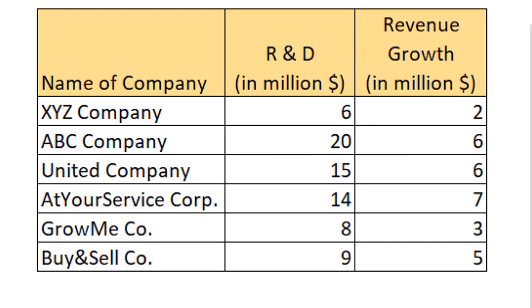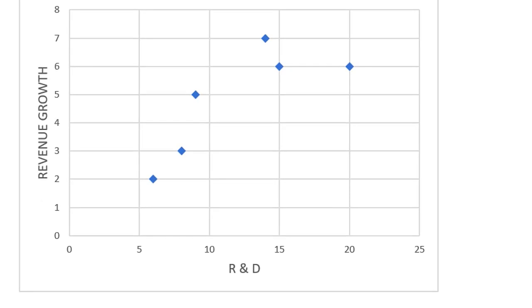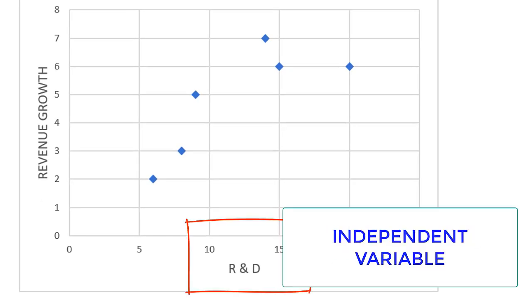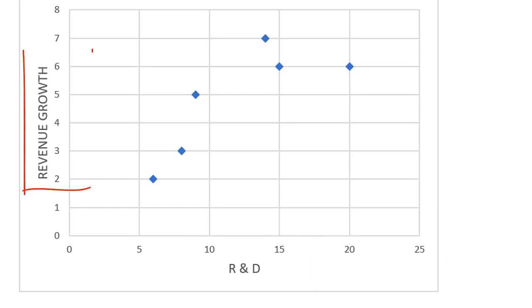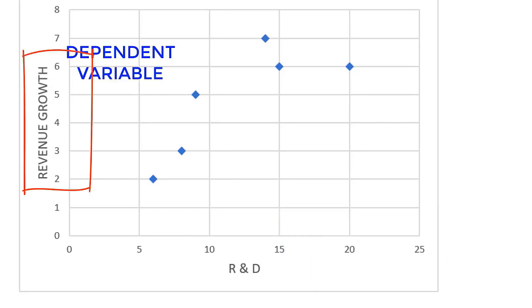Data concerning the two variables are observed in pairs, X being the research and development versus Y being the revenue growth. Normally, the independent variable is plotted in the horizontal axis or x-axis, and the dependent variable is plotted in the vertical axis or y-axis.